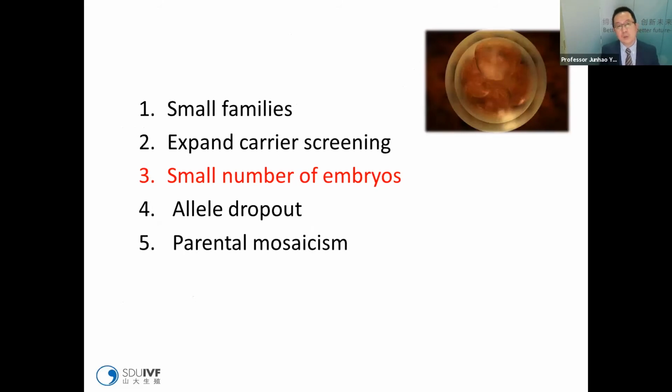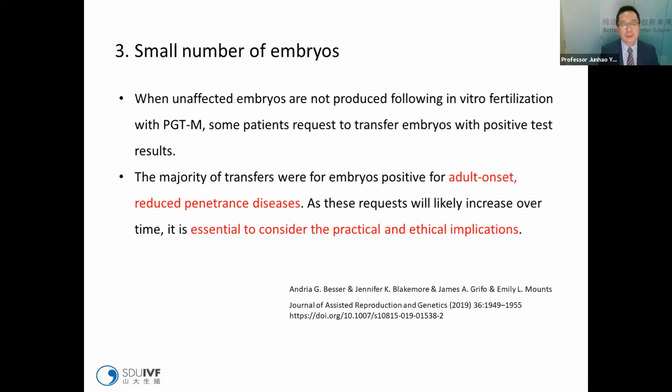The third pitfall is the small number of embryos. Also, we know that enough embryos is always good for the doctor to draw conclusions. The more embryos, the more correct results we can get from this test.